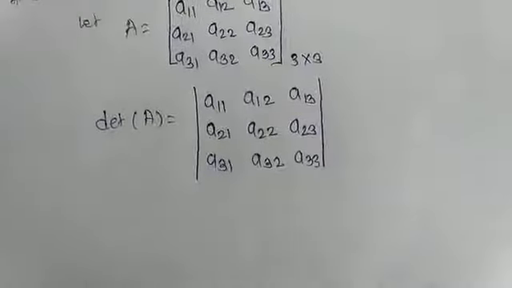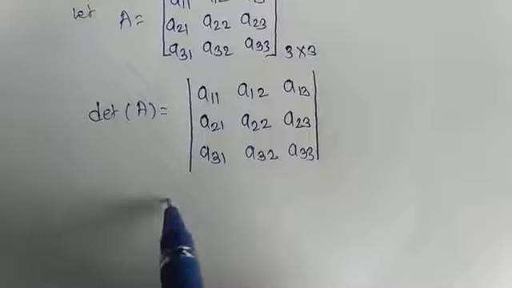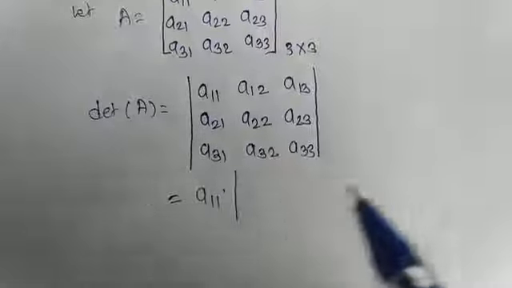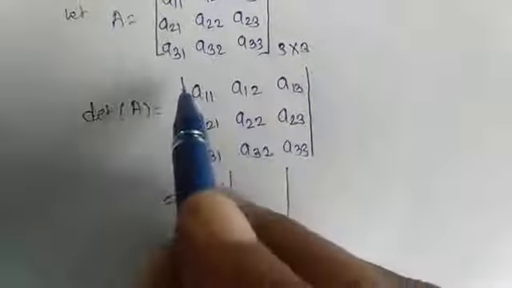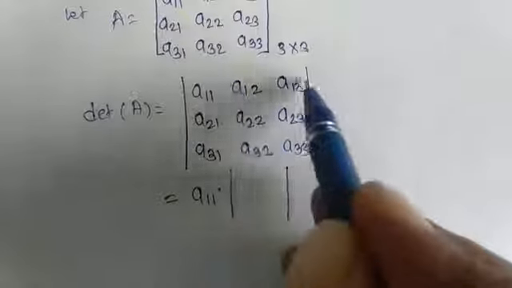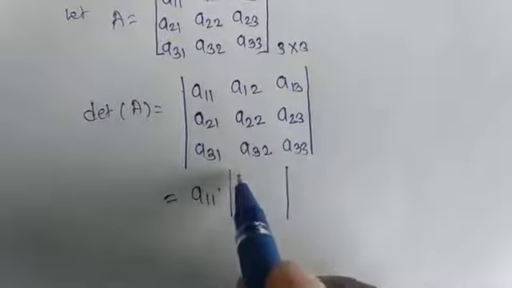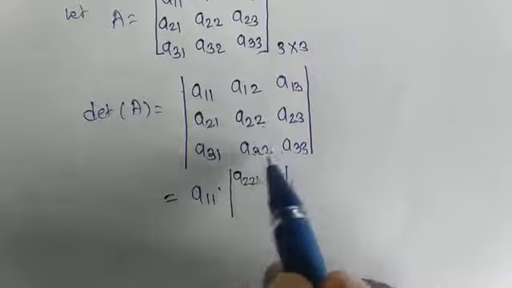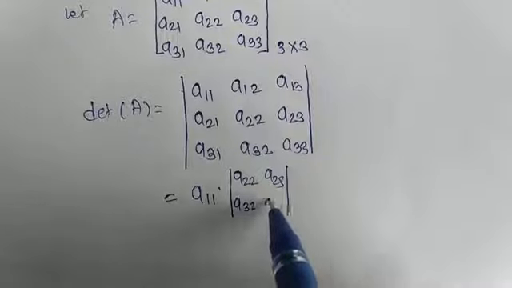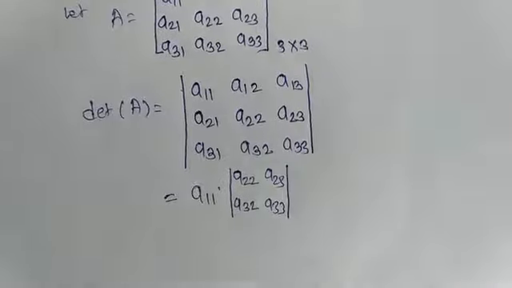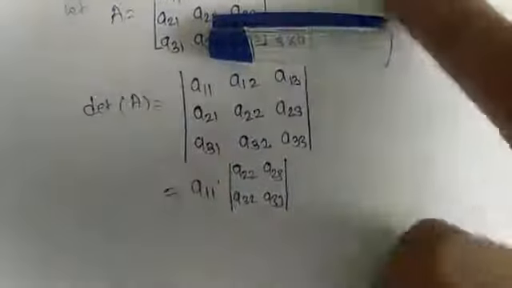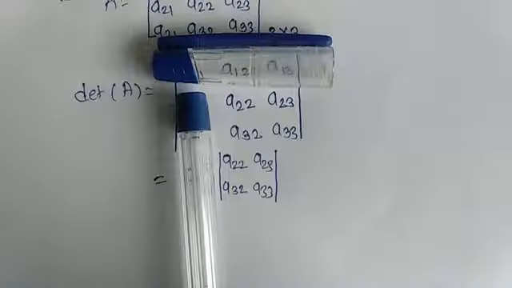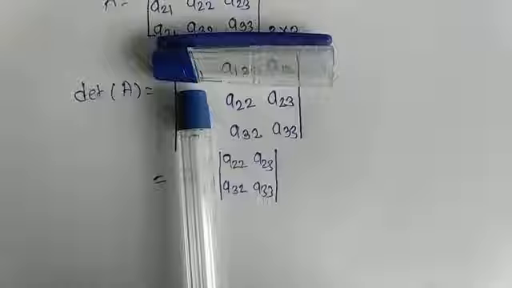Here the determinant will be in the form A11 multiplied by the determinant of the remaining terms if we cancel the first row and first column, which are A22, A23 in the first row and A32, A33 in the second row.